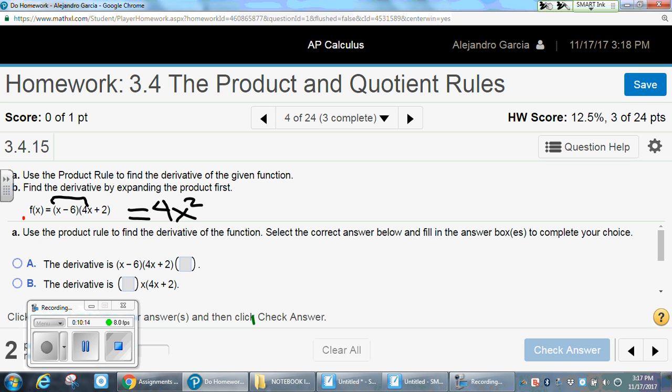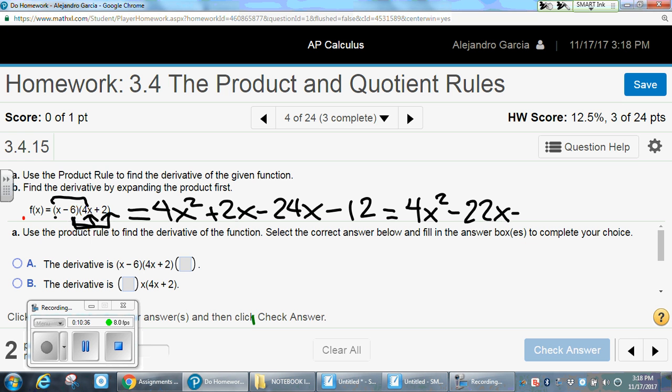Then I'm going to multiply x times 2, so that will be plus 2x. And then we multiply negative 6 times 4x, so that will be negative 24x. And then we multiply negative 6 times positive 2, so that would be negative 12. Combine like terms, so that would be 4x squared minus 22x minus 12.